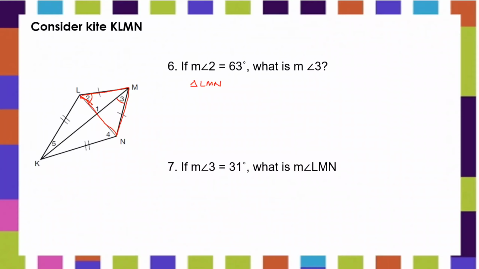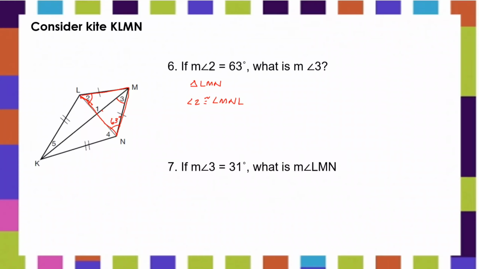Ibig sabihin, yung angle 2, yan ay congruent sa angle MNL, to this angle. Okay? So, kung ang angle 2 ay 63, ibig sabihin ito ay 63 degrees din. Okay? And take note that the diagonals of a kite are perpendicular.